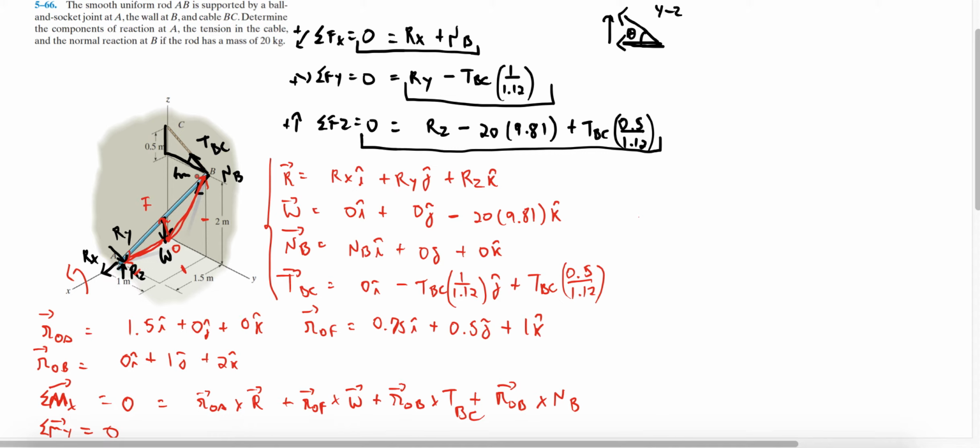Okay, so the 1.12, yeah, it was 1 over 1.12. That makes sense though, because the 1.12 was, oh, I really should have taken the square root of that. No, I did. So the square root of 1 squared plus 0.5 squared, yeah, 1.12.